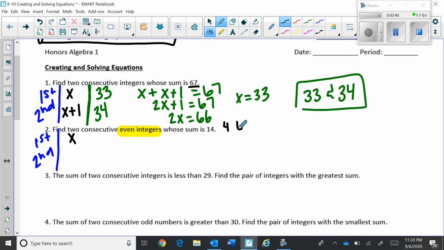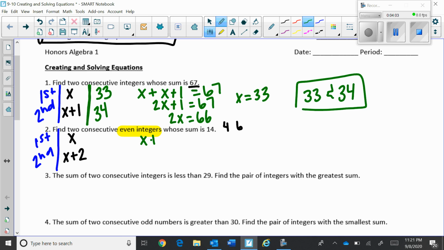How did you jump from 4 to 6? We had to add 2 because we're going by evens, all right? It's not the most consecutive one, it's that even integer. So our second integer would be our first one plus 2 because we've got to jump up to the next even integer. All right, now that we have that set up, we can set up our equation.